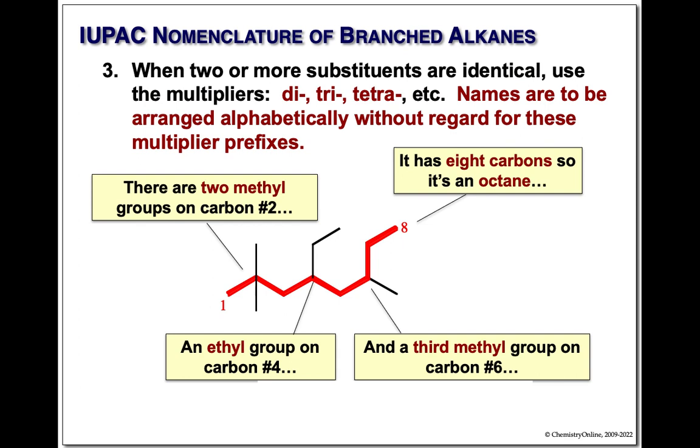So to put this together for a name, we have 3 methyls, that's a tri. They are on carbon 2 and carbon 6. We have an ethyl group here on carbon 4. Alphabetically, ethyl comes before methyl, so we'll start off with our 4-ethyl.